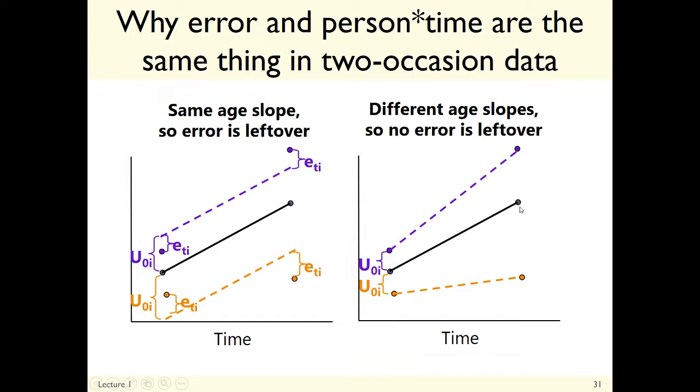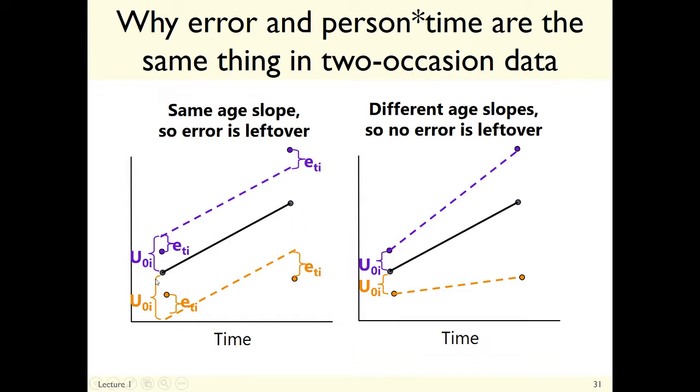The model's not identified otherwise. So whether you think of it as error or perfect slopes, it's up to you. I find perfect slopes a little untenable, so I go with error. But there's nothing that can save you for 2 occasions. 2 occasions cannot differentiate these 2 situations. You need at least 3. And 3 is really the bare minimum. 3 is not good, unless you really do have linear change in a really strong signal.